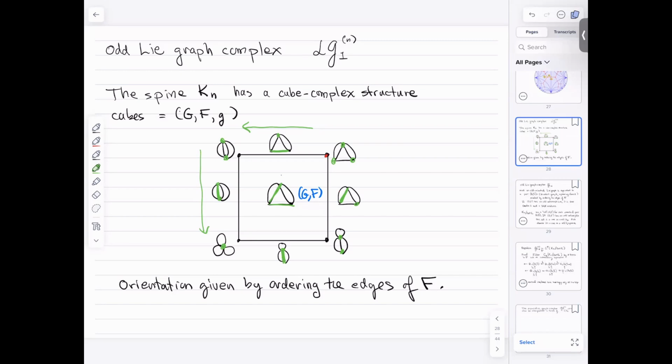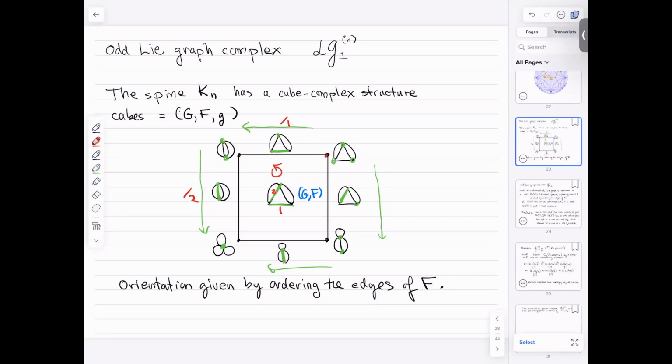But I could have got the same place by collapsing the left-hand edge first, and then collapsing the right-hand edge. So in other words, ordering the edges of this forest tells me how to orient that cube. If I collapse the bottom edge first, I go over the top, and then collapse the second edge, I go down. So that gives me an orientation like that.